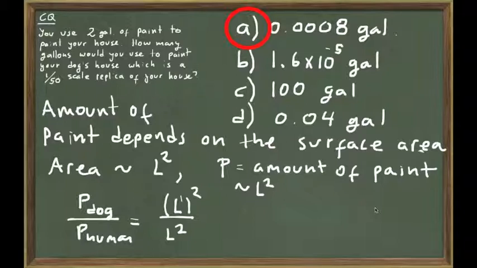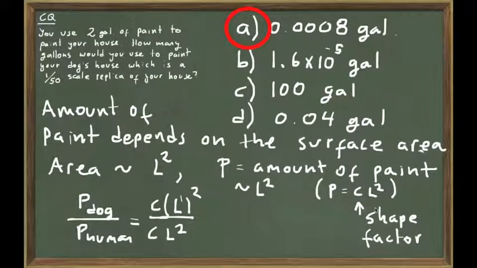Now, a lot of people, I think, are not comfortable when they deal with equations that are something proportional to something, right? Maybe that's your case. So just turn it into an equation with an equal sign. When something is proportional to something else, that means that that quantity, in this case the amount of paint, is equal to some constant multiplied by that variable that it is proportional to. So the equation that you could deal with, if that makes you more comfortable, is P equals C times L squared.